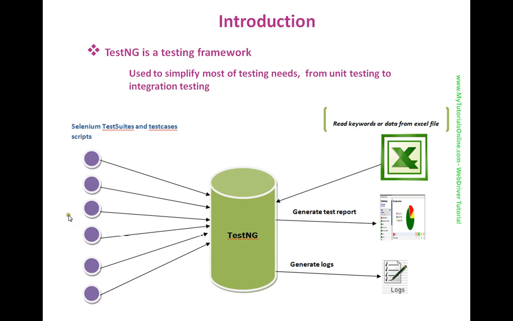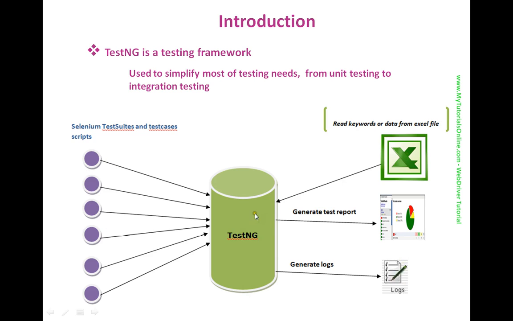We have different sets of test cases, or n number of test suites, and you can observe there are n number of test cases on the left-hand side. TestNG resides somewhere in the middle, and on the right side we have options like reading Excel files, reports and logs.